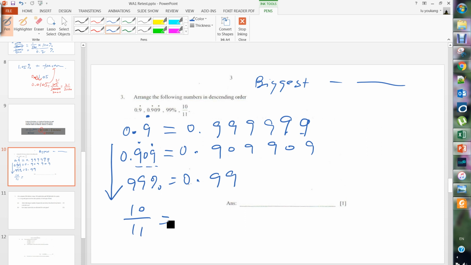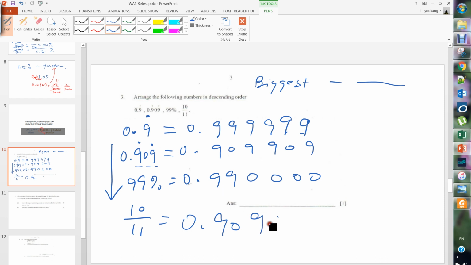So for 10 over 11, I will suggest you convert it to a decimal. 0.909. Okay, so it works like this. It's 0.9090. So basically the 90 repeats by itself. Or in this case you just have to write it properly, so you can fill it out with 0 on top here.